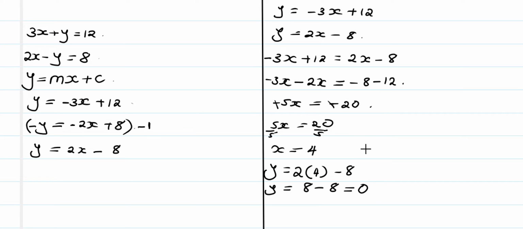So the solution for this question becomes x is equal to 4 and y is equal to 0, like this. If I was to write it in the coordinate system, it will be (4, 0). And now we have used the comparison method to solve this simultaneous equation.